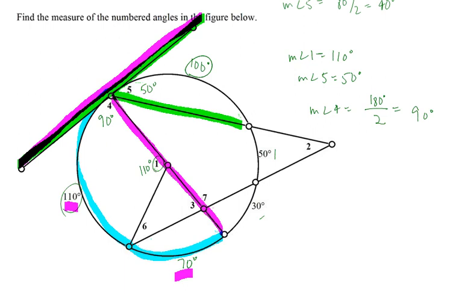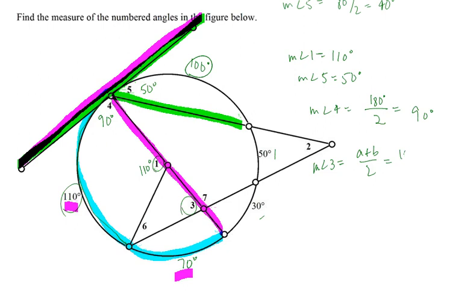Let's see. I gotta go back. I gotta do angle 3 here. Angle 3, again, is that rule where you take the average of the intercepted arcs, the A plus B over 2, when two chords intersect. One of the arc measurements is from this point all the way to this point.